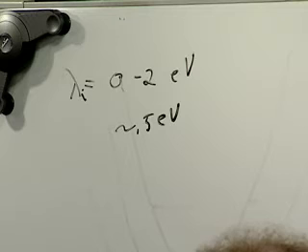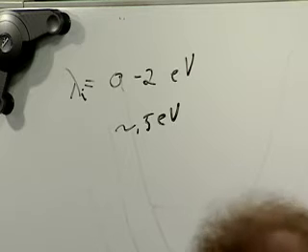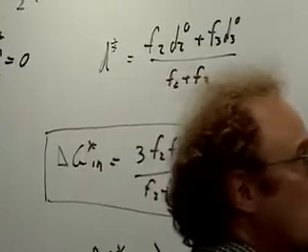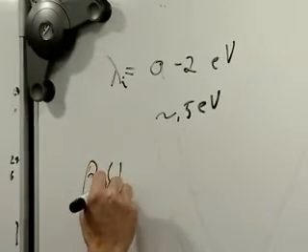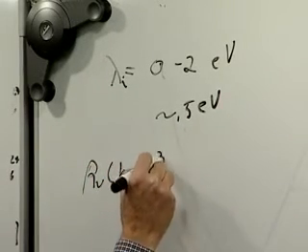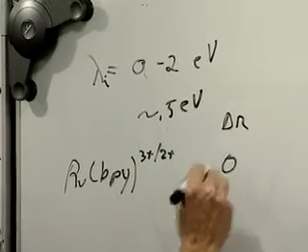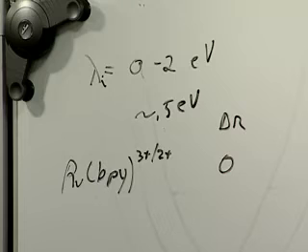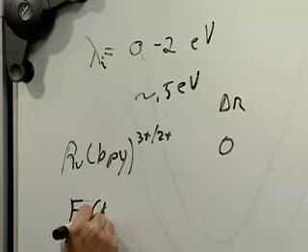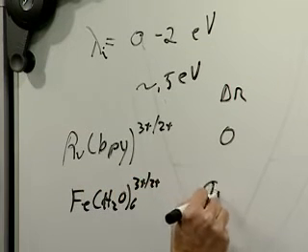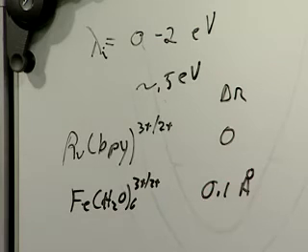Okay. There's one more comment. This is going to be directly proportional to the difference in metal ligand bond distances. If you look at some complexes like ruthenium bipyridine, 3 plus, 2 plus, the delta R is about 0. There's no real difference. For the iron aquo, we saw it was about 0.1 angstroms.